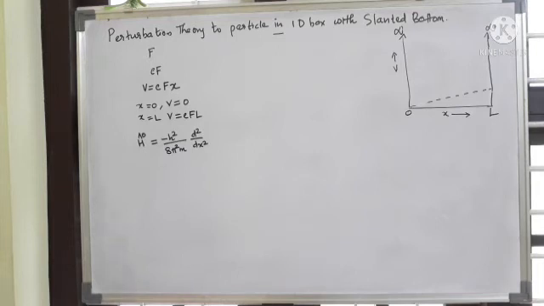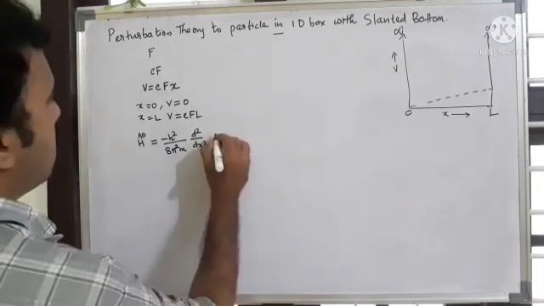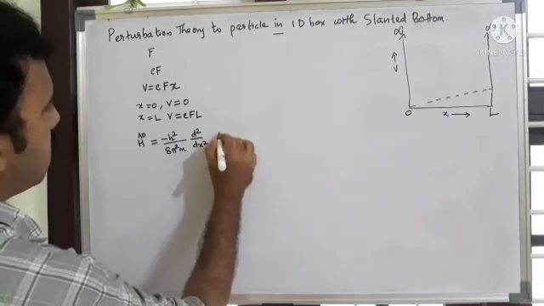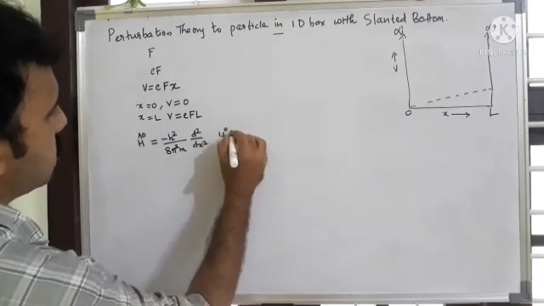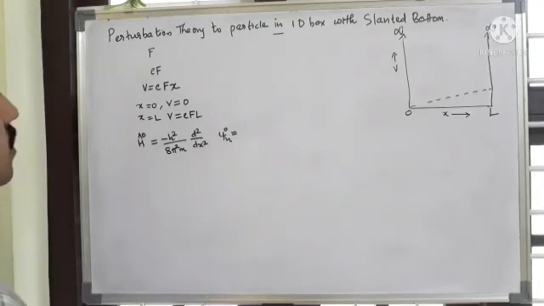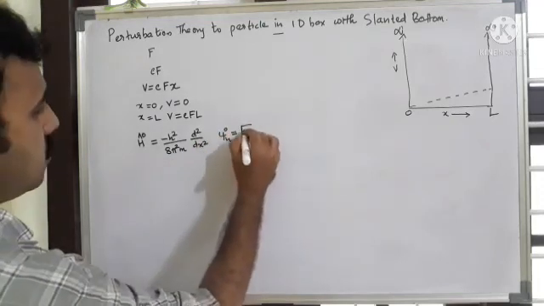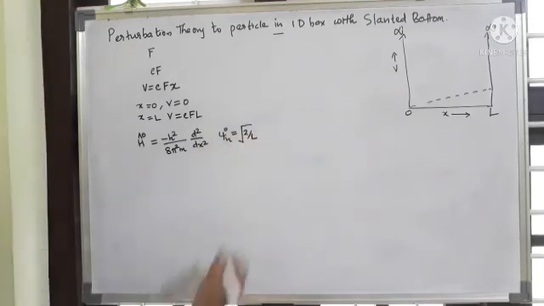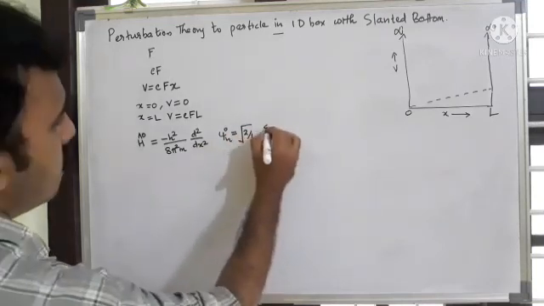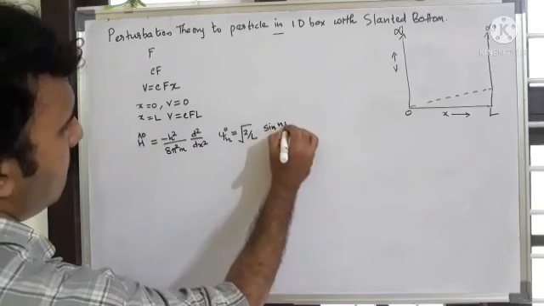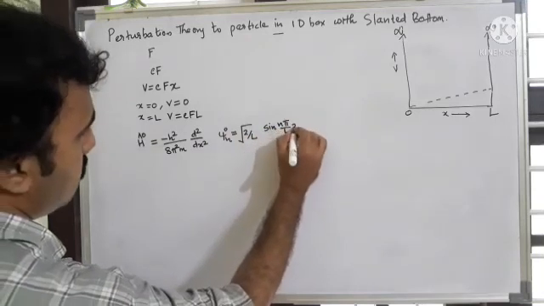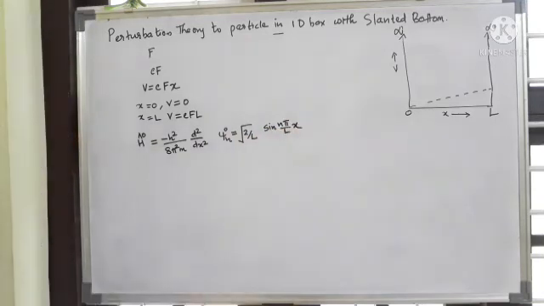And the unperturbed wave function psi n0 is also known: psi n0 equals root of 2 by L into sin n pi by L x.